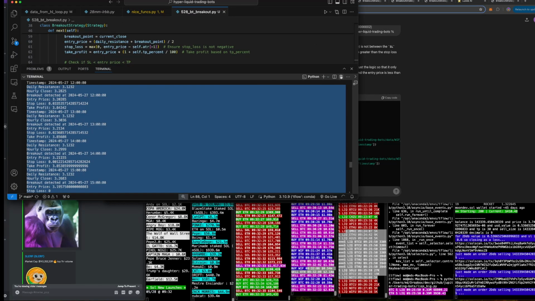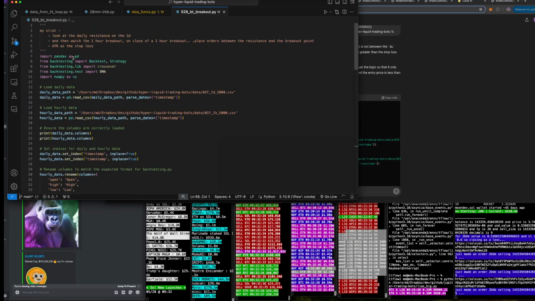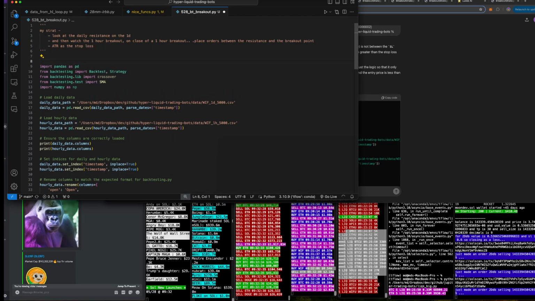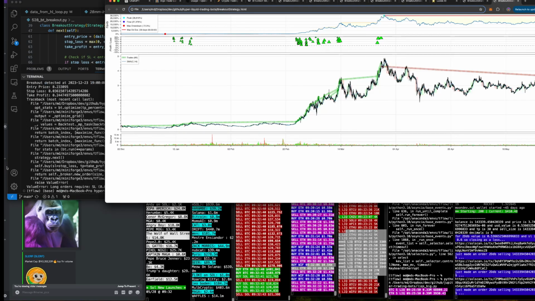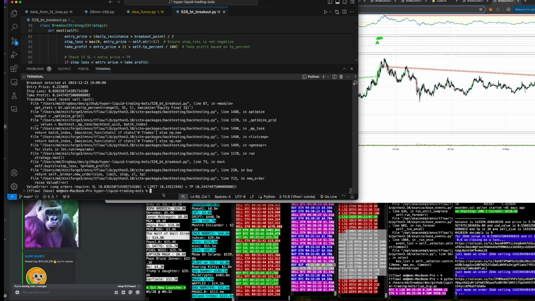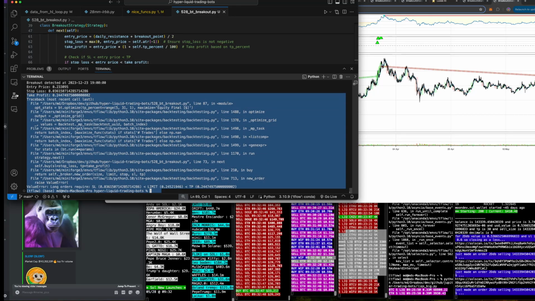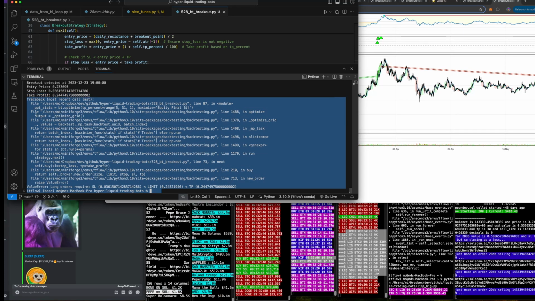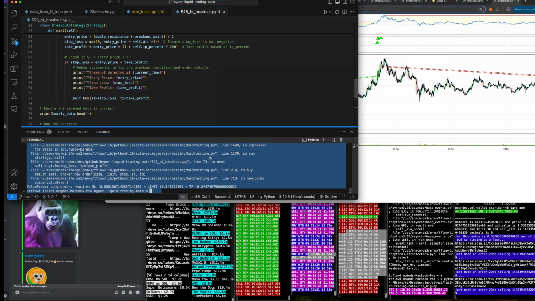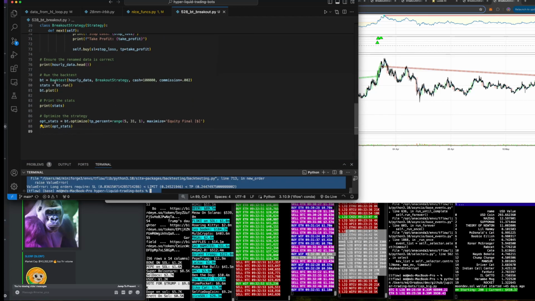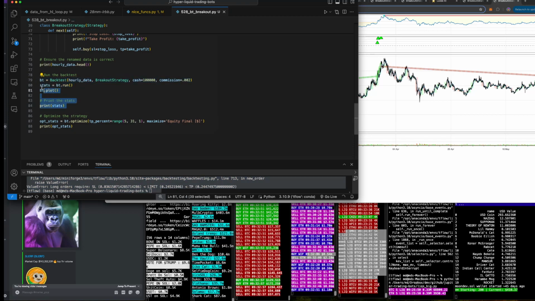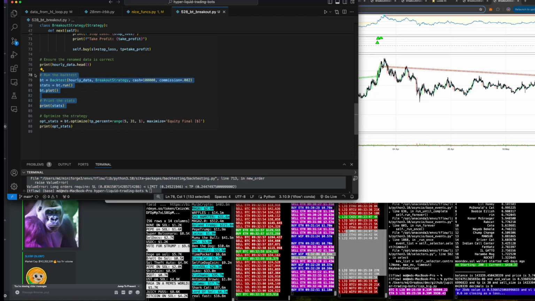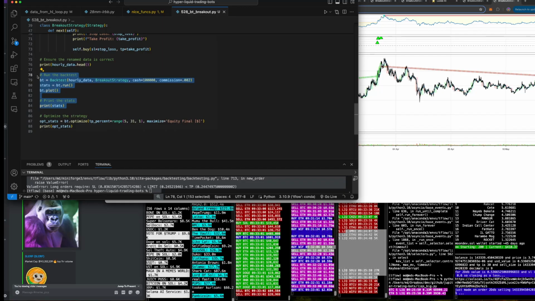All right, let's go ahead and try to get this going, dude. We got the first backtest done, which is great. It's profitable, sweet, but is it profitable? We'll see. I don't even want to see this one anymore. I think I'm gonna just remove this. I don't want it anymore. I want to plot this though.